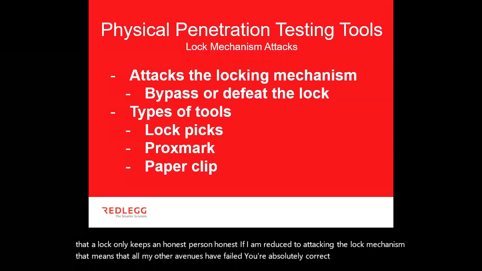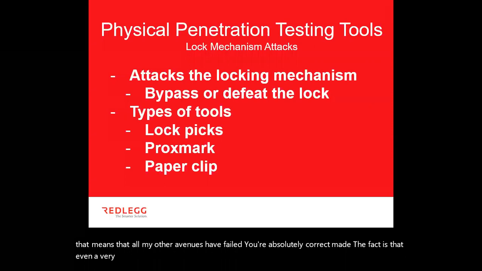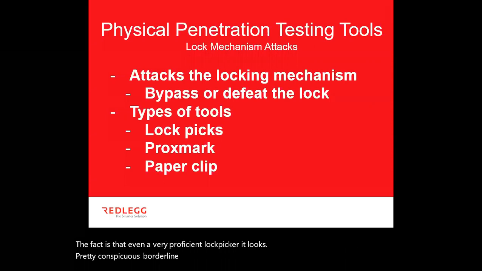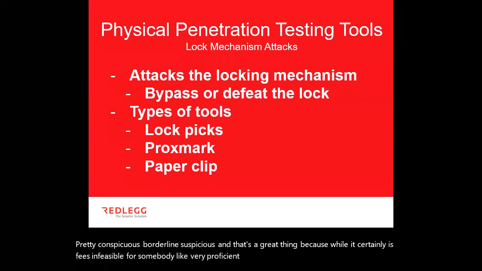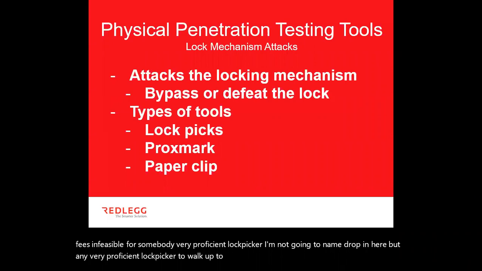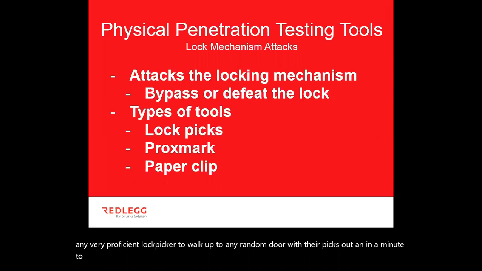The fact is that even a very proficient lock picker looks pretty conspicuous, borderline suspicious. And that's a great thing, because while it certainly is feasible for a very proficient lockpicker to walk up to any random door, whip their picks out, and in a minute or two bypass some pretty highly reputable, complex locks, it is pretty conspicuous.